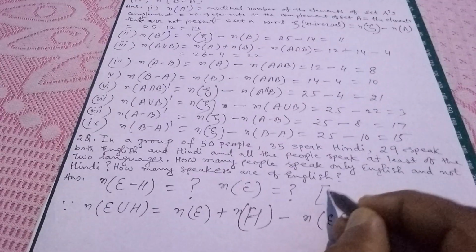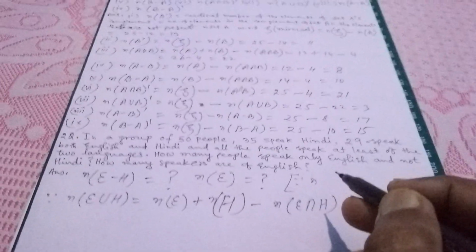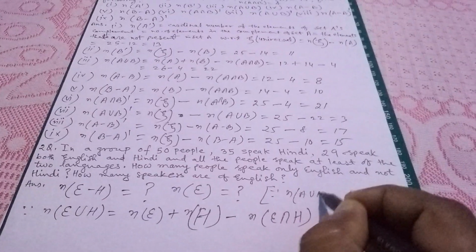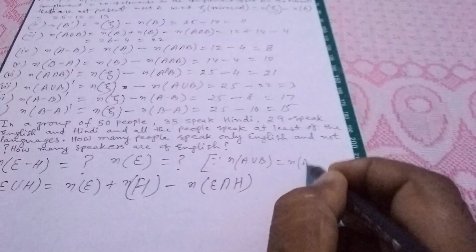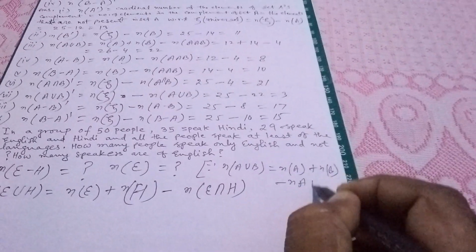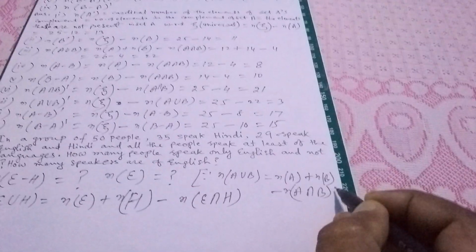You know that there is a formula for two sets, and in later videos we will discuss three sets. So the cardinal number of A union B equals the cardinal number of A plus the cardinal number of B minus the cardinal number of A intersection B. On the basis of this formula, I have written this one.